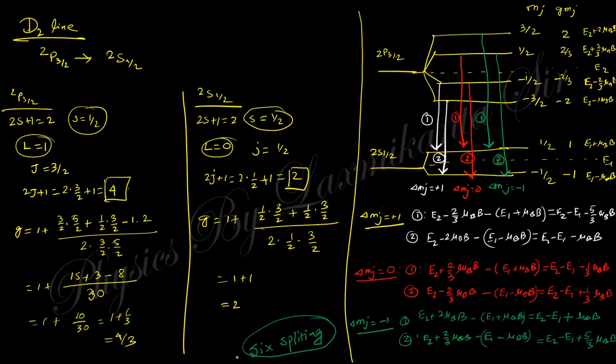If you write this down in the frequency scale, what will be the value? Suppose this is mu naught.